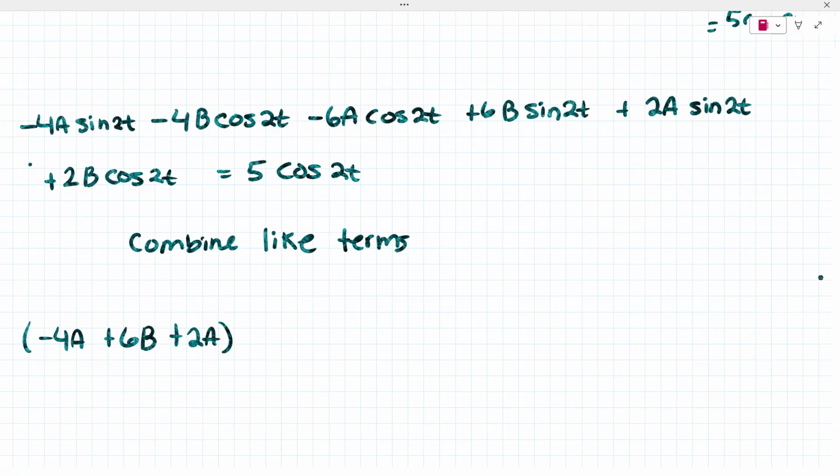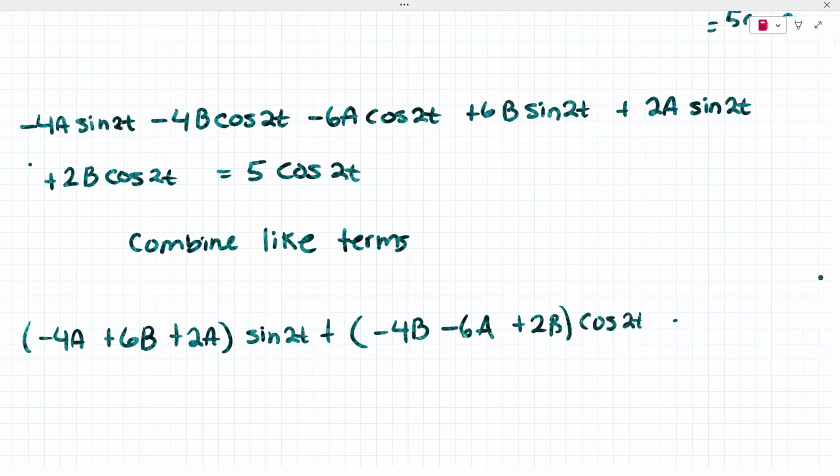Then plus negative 4b minus 6a plus 2b, times cosine of 2t, equals 5 cosine of 2t.